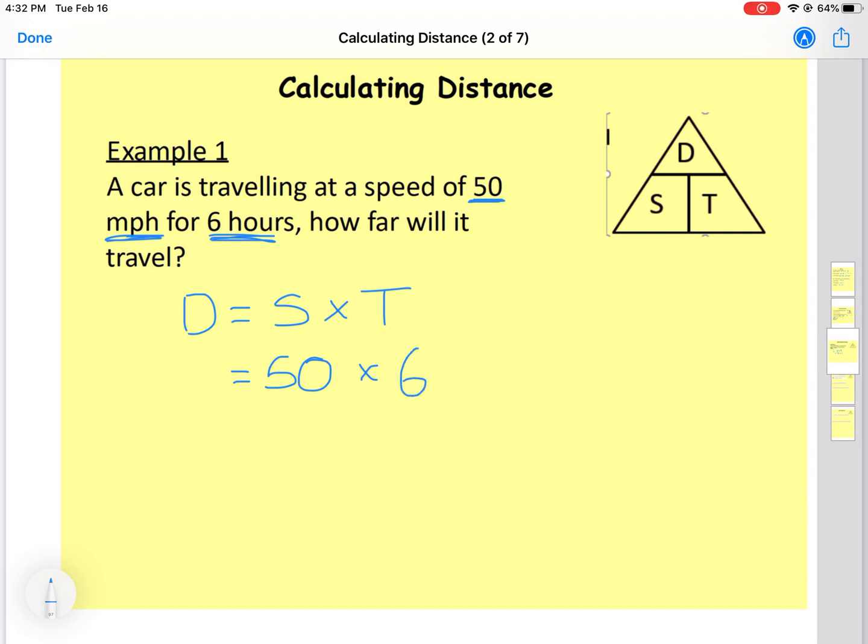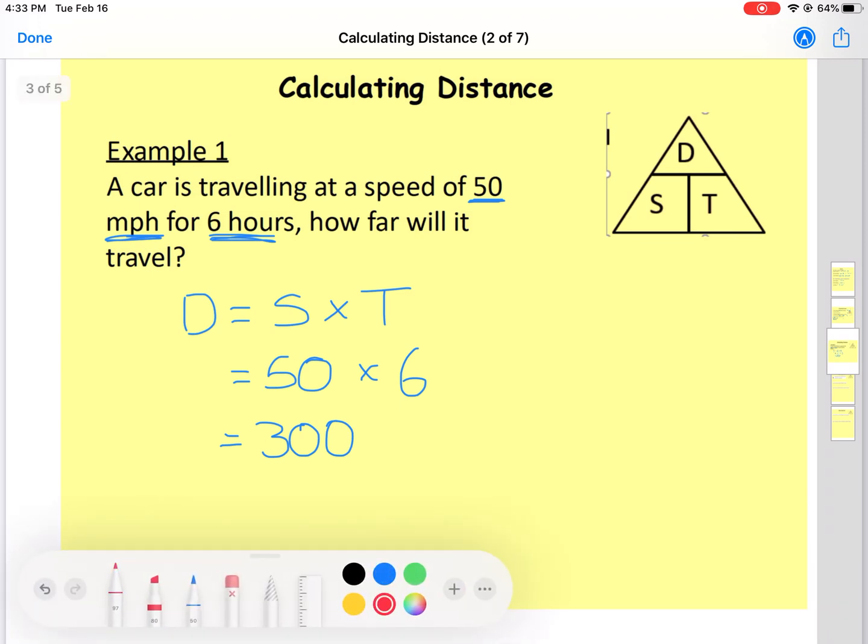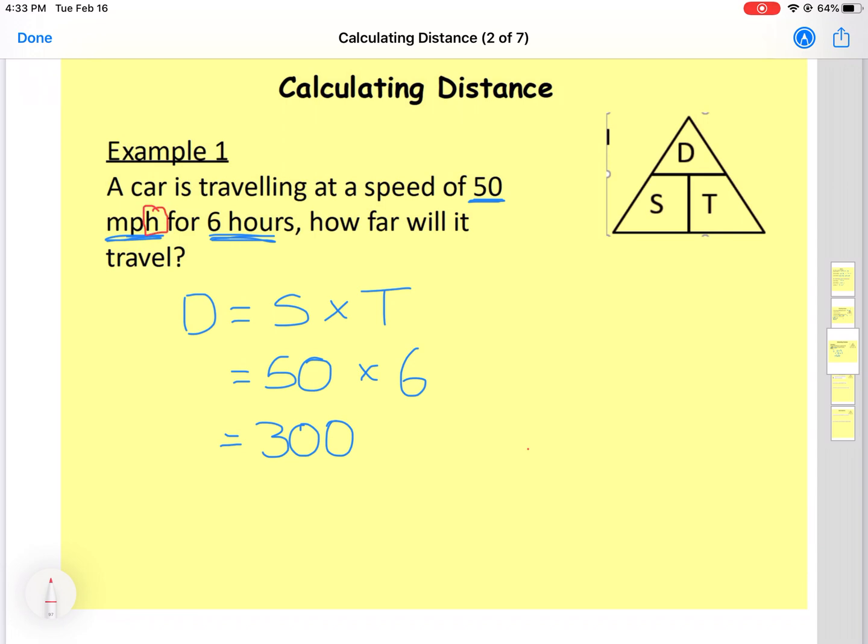Our time here is 6 hours, so we've got to do 50 times 6. We will get then 300 something for our distance. Now the units are generally the hardest thing to get from these questions, especially if our numbers are quite simple. We are talking about quantities of miles per hour and hours.